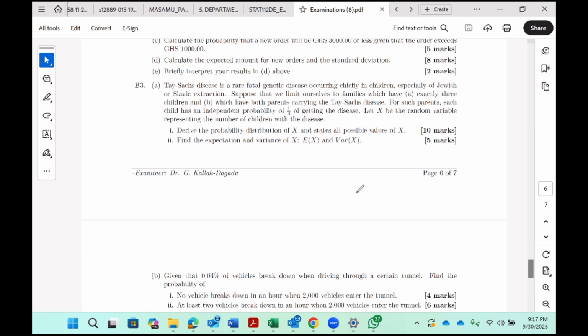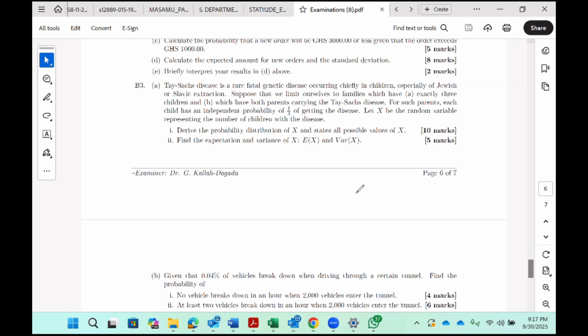So if you sample 20 children from these two families or 100 children from these two families, then the chance that a child will get the disease is 1/4. So that's your probability. Is that okay?